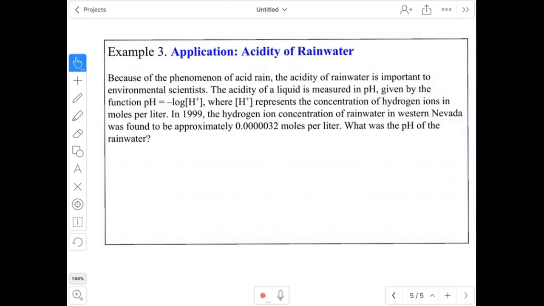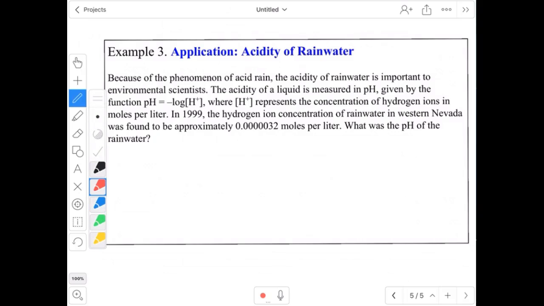In 1999, the hydrogen ion concentration of rainwater in western Nevada was found to be approximately 0.000032 moles per liter, so 32 ten-millionths moles per liter. What was the pH of that rainwater?